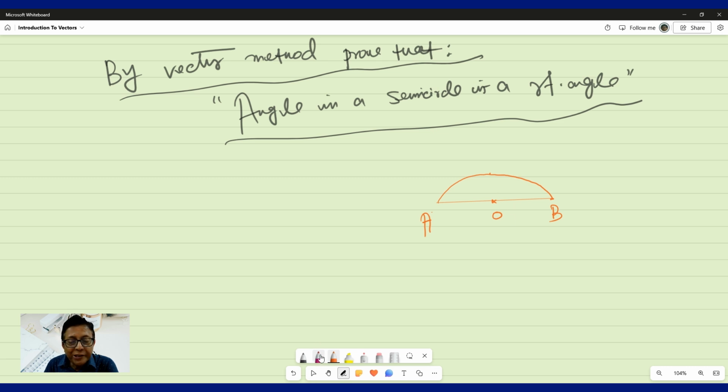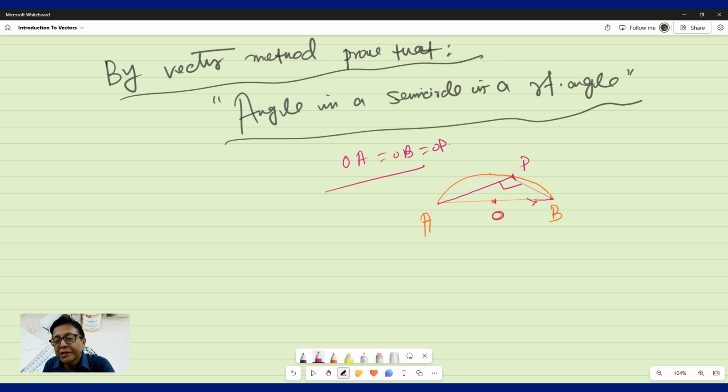Take any point P on this semicircle. You are going to prove that when these two are joined and these two also, it's not a curve, angle APB equals 90 degrees. This we are going to prove. O is the center. Both are radius, OA and OB same, no? OA, OB, OP all are similar.